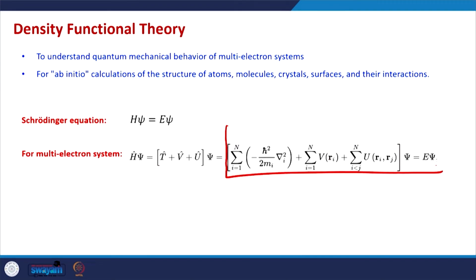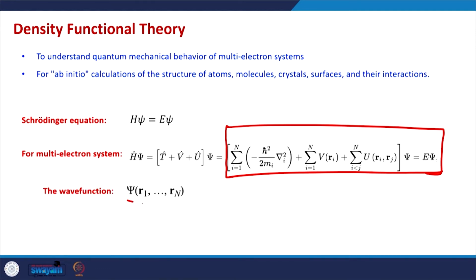This is the equation that we need to solve for an N electron system. For a multi-electron system, the wave function looks like this, which is essentially the product of the wave functions of different electrons.